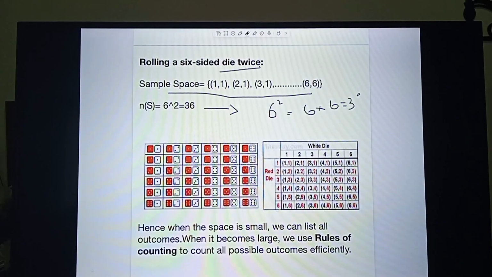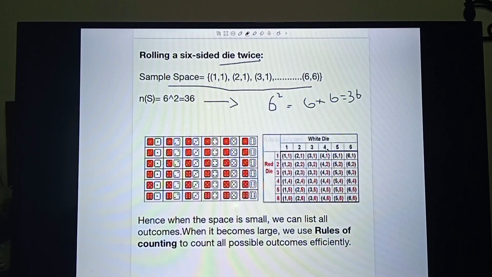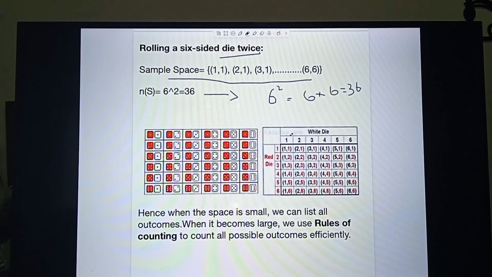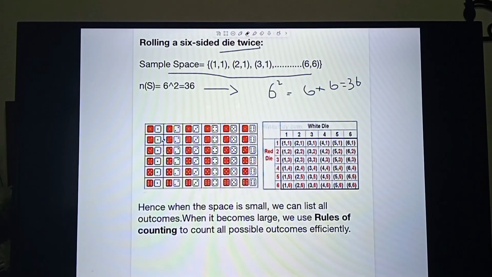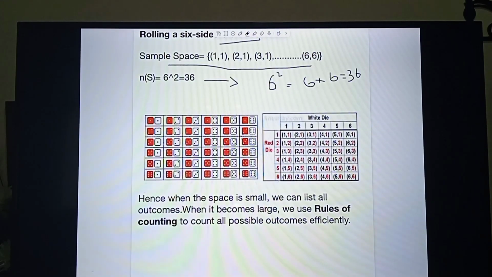Now here we are able to list the sample space of rolling 2 dice, and these are the possible outcomes we can obtain, which are further converted into numbers.